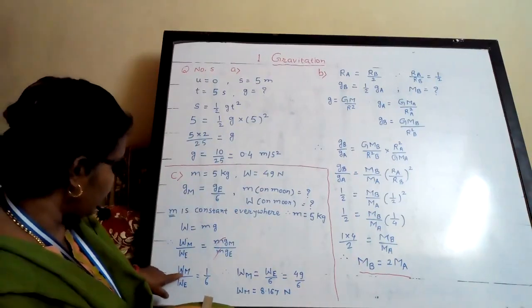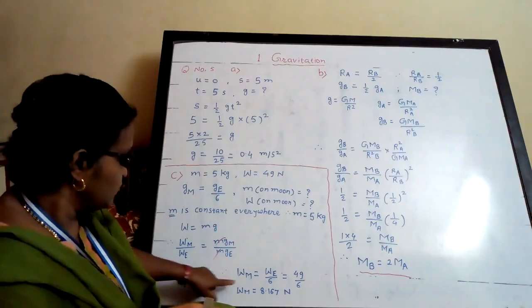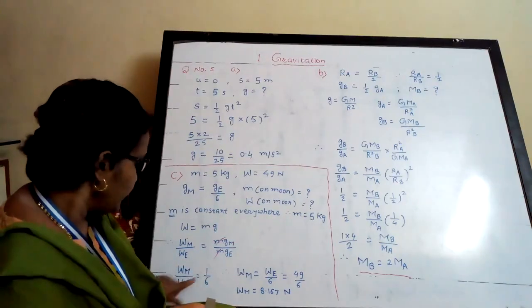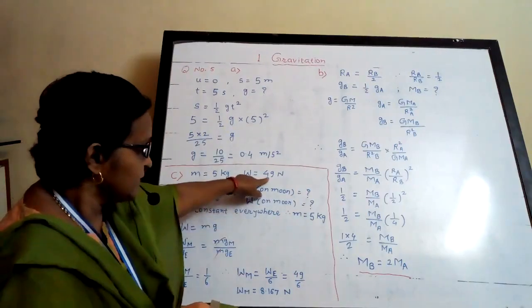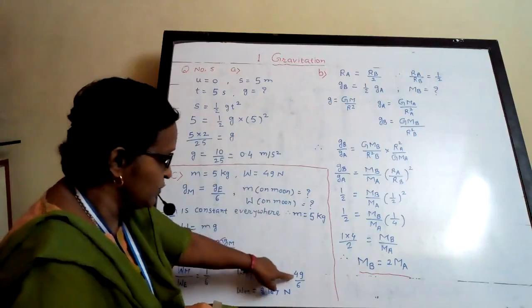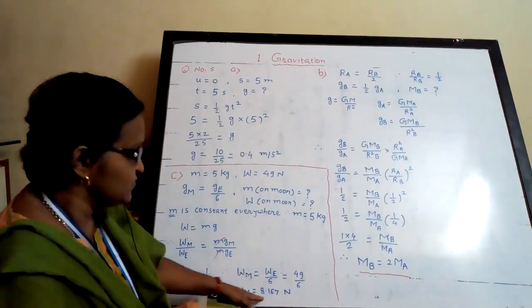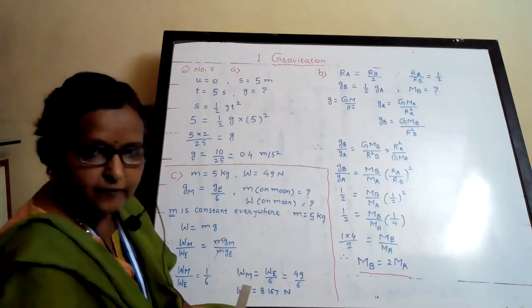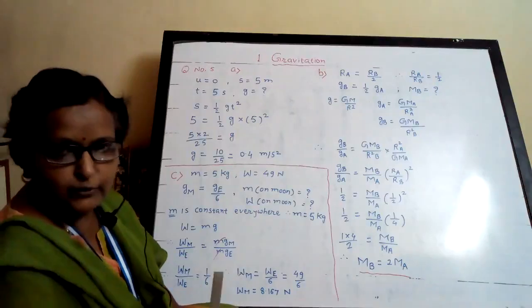So Wm upon We is equal to gm upon ge, which is 1/6. So Wm is equal to We upon 6. We is given, that is on the earth, 49 Newton, divided by 6, and after that we get this value 8.167 Newton, or we can write also 8.17 Newton.